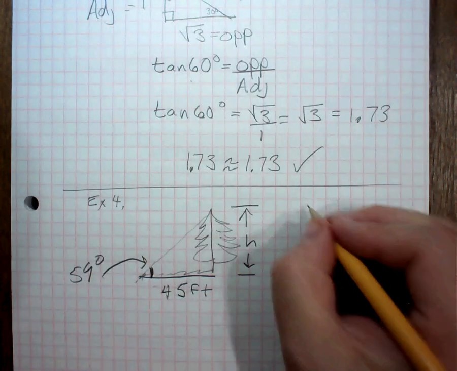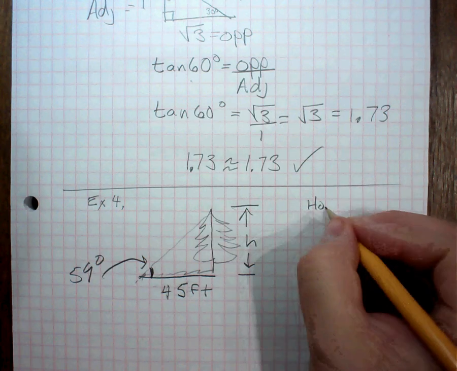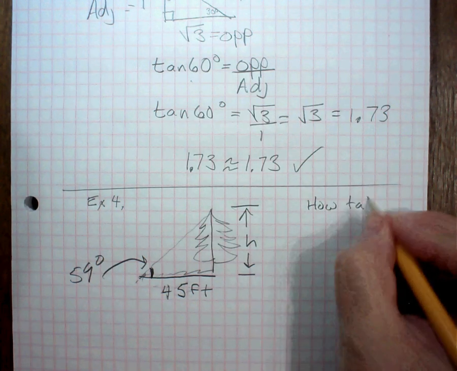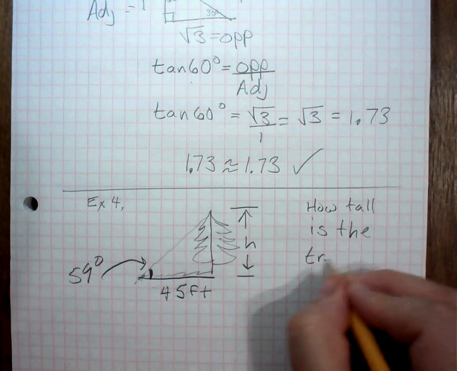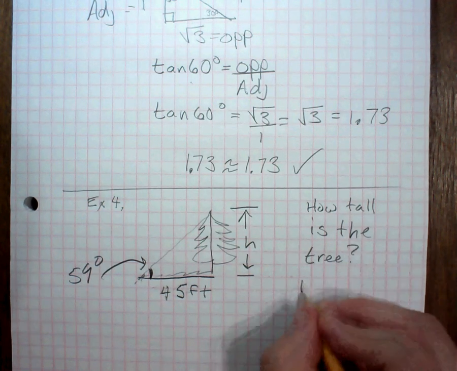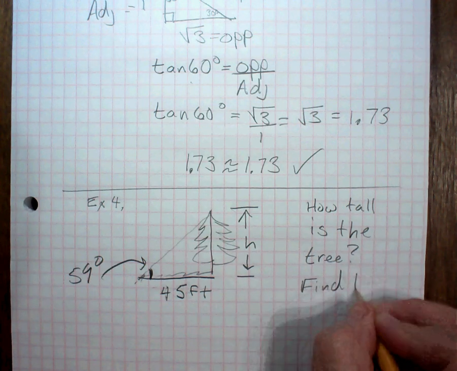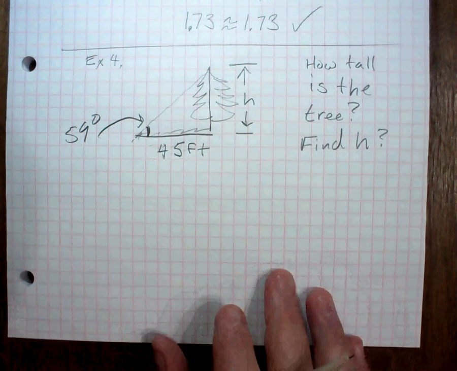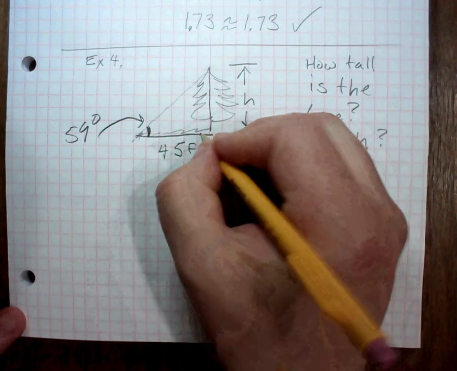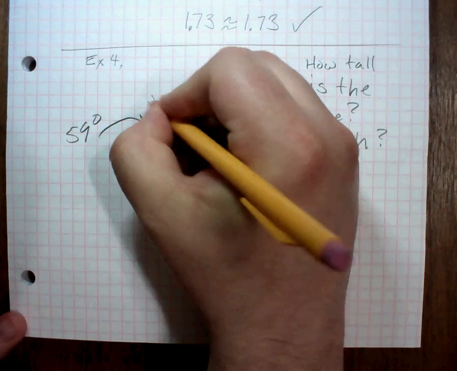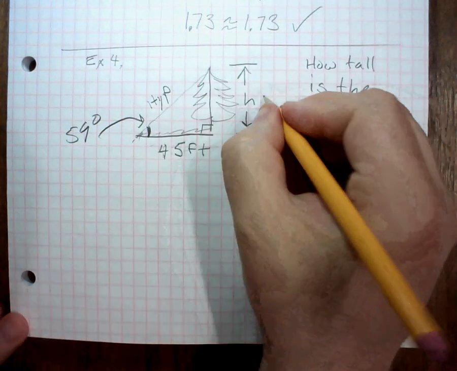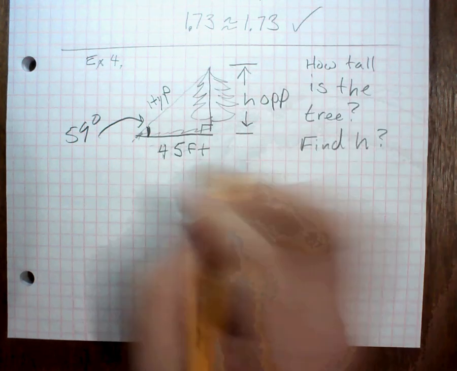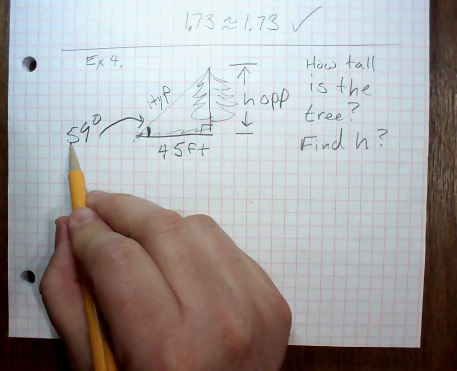So what are we asked to find? How tall is the tree? In order to do that, we have to find the value of h. So let's identify the parts. This is a 90-degree angle, so this side here is the hypotenuse. H is what we would call the opposite because it's opposite the 59-degree angle.